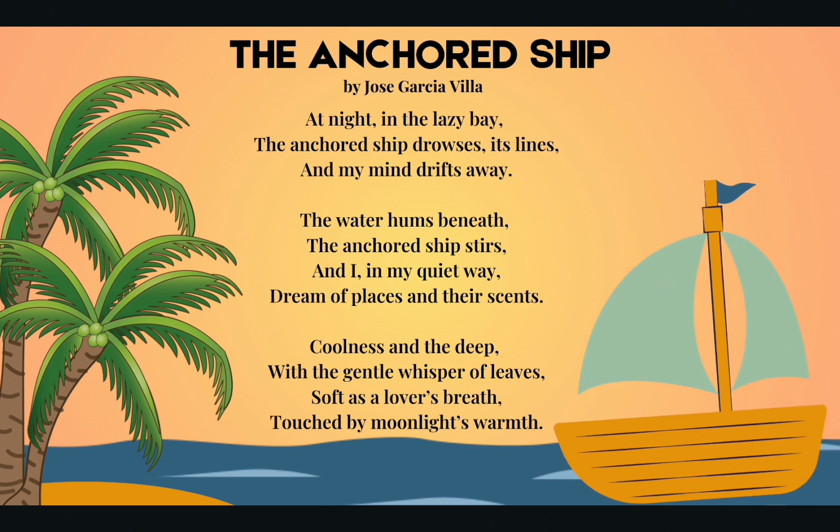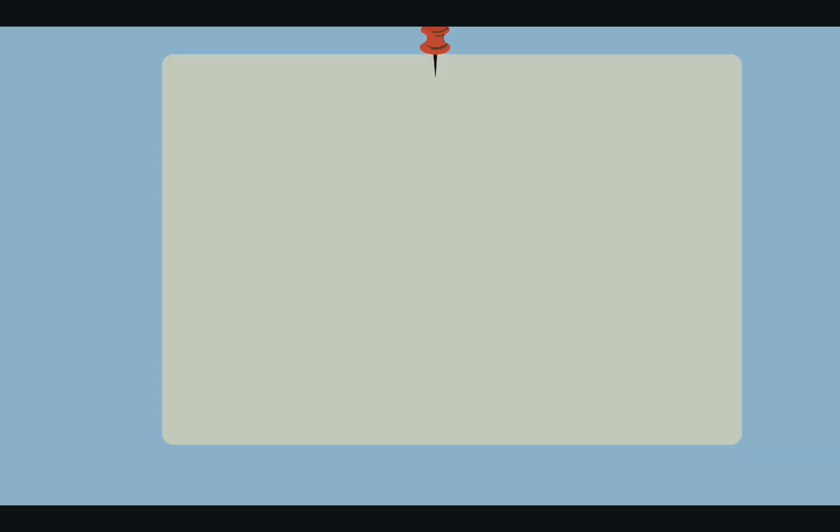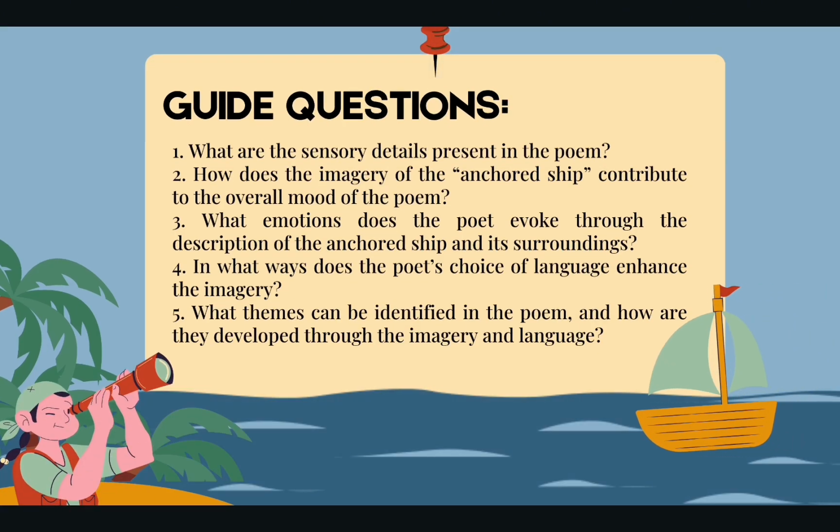Analyze the poem by answering the following guide questions. Number 1. What are the sensory details present in the poem? Number 2. How does the imagery of the anchored ship contribute to the overall mood of the poem? 3.